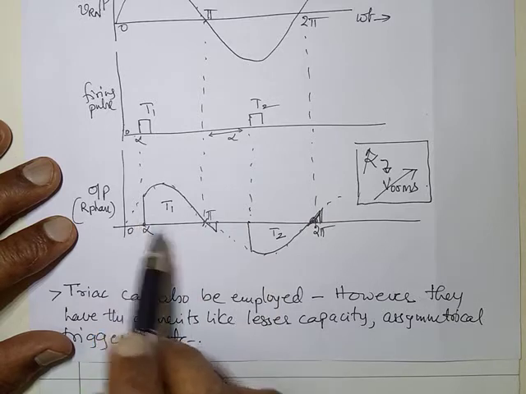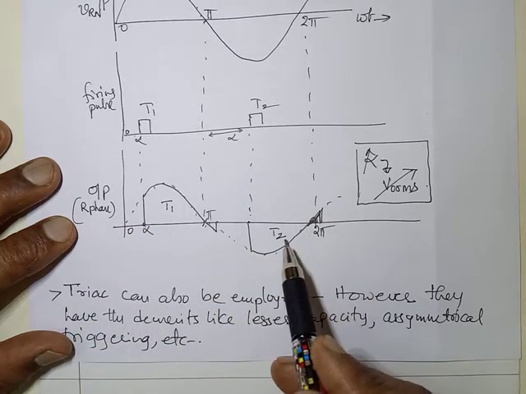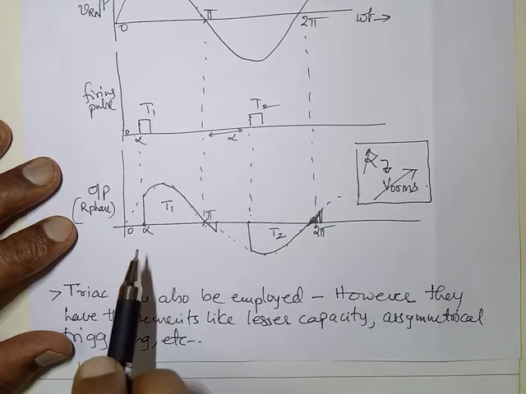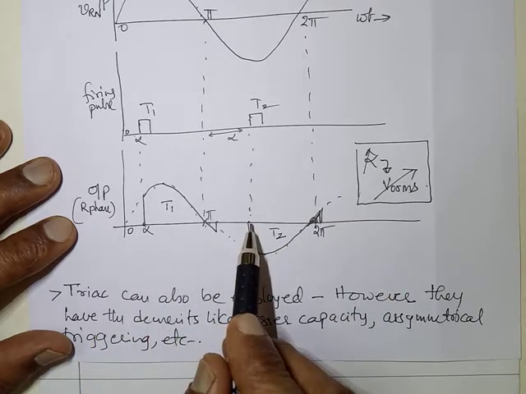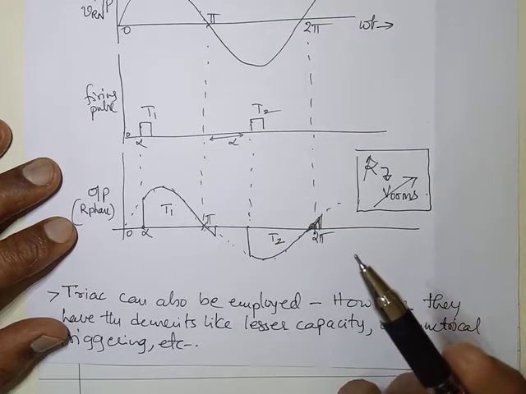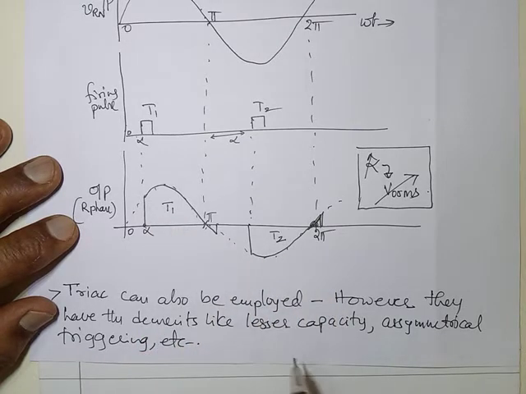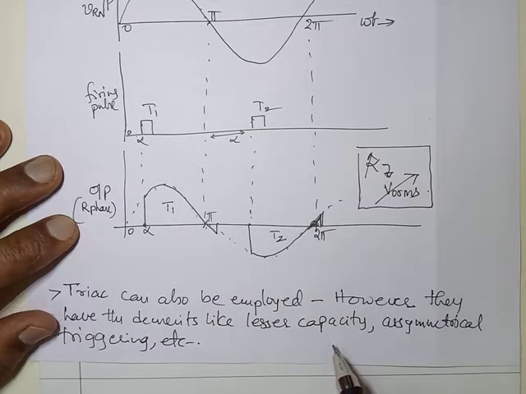As it is, due to chopping, the output will not be purely sinusoidal, it is already having some harmonics. In addition to that, if this is not symmetrical, the total harmonic content will be still more. That becomes a big problem. Because of this increased harmonics, it starts creating a disturbance in the motor.